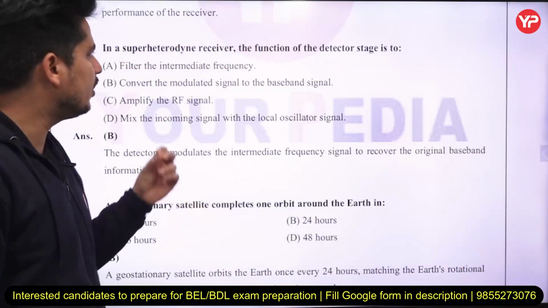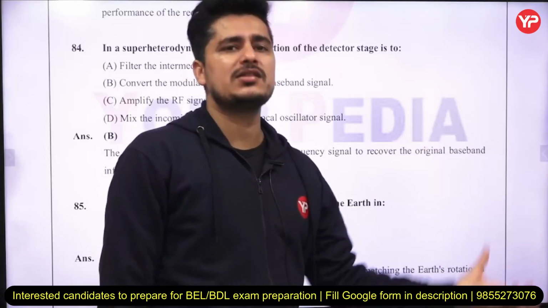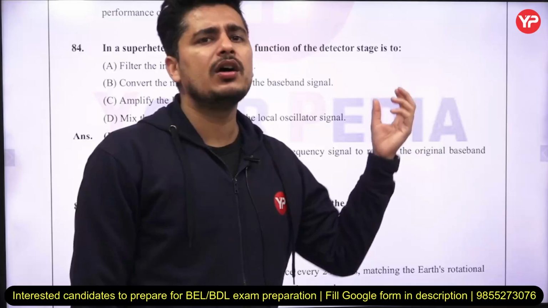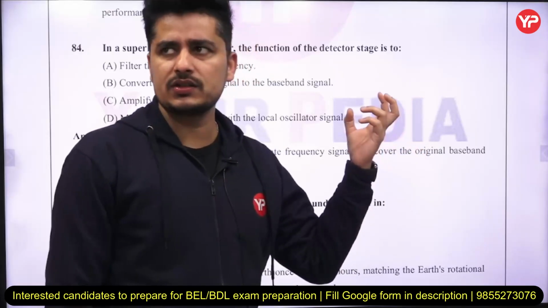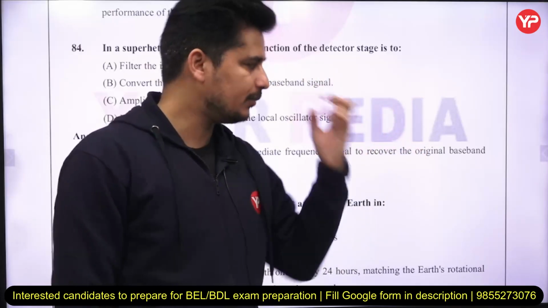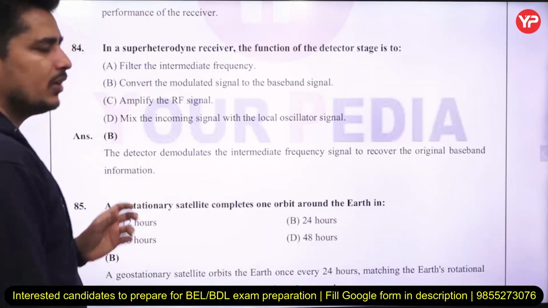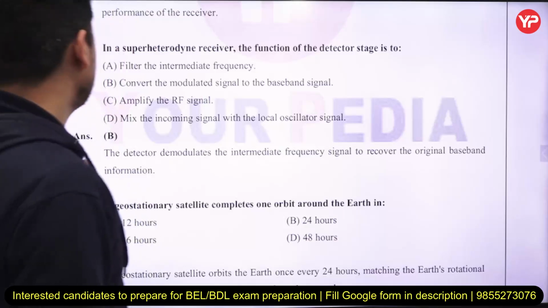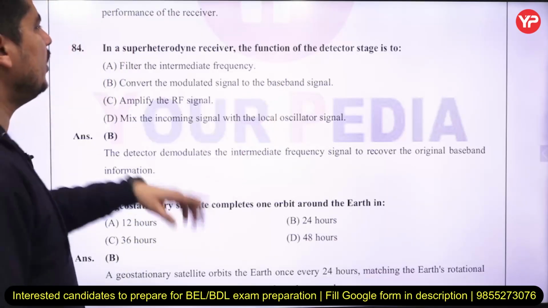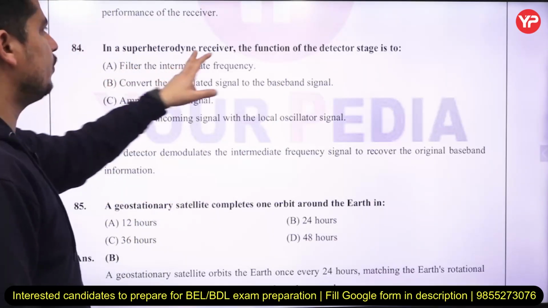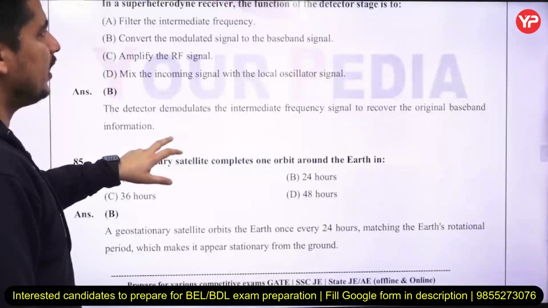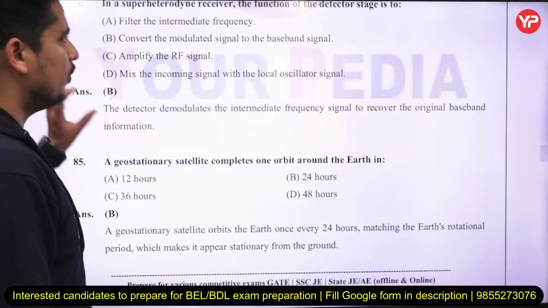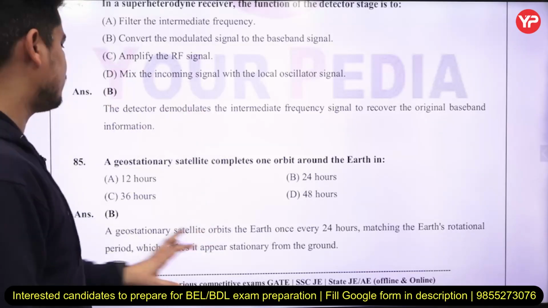The receiver stage will convert that signal back to the message signal, like the synchronous receiver. There are several types of receiver which convert back your message signal from the modulation scheme. So it converts the modulated signal into the baseband signal. That is the use of a detector. Everywhere, if you see the detection stage, detection means detector, right? So the detector will convert your modulated signal to the baseband signal.